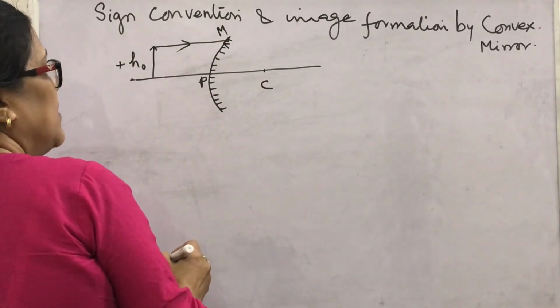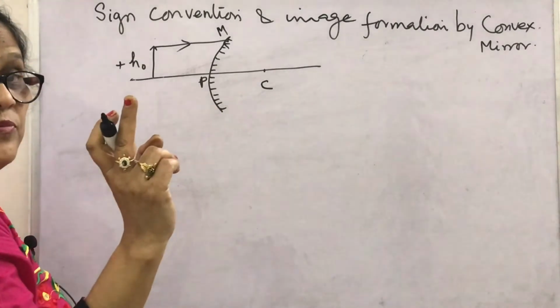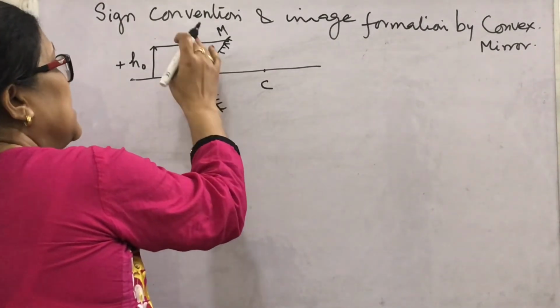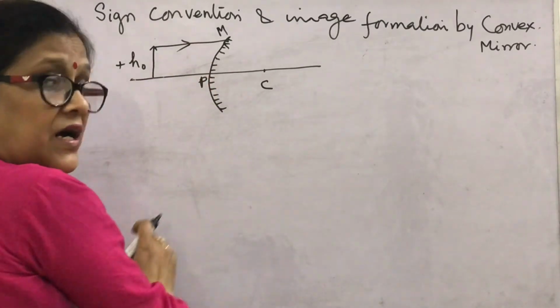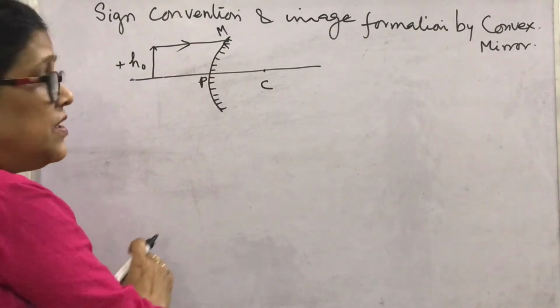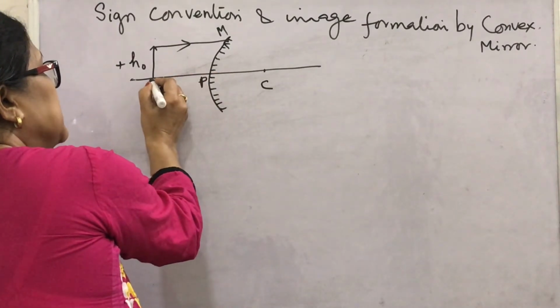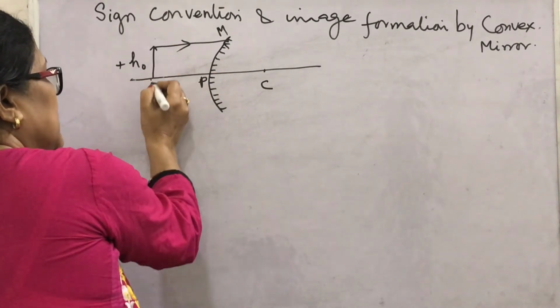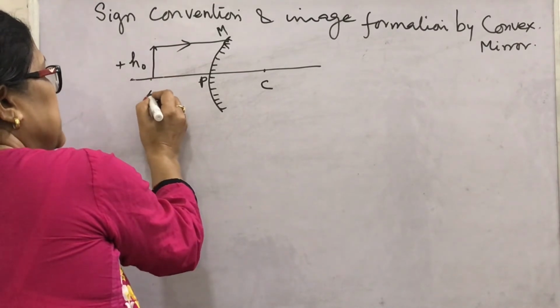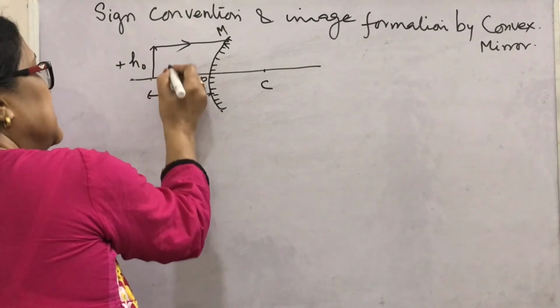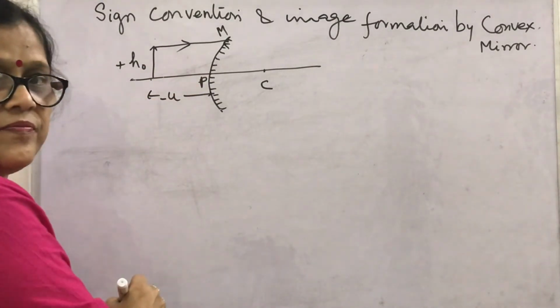All the distances are measured from the pole, and distances measured in the direction of the incident ray are positive. Here, the distance of the object, represented by u, you are measuring from the pole against the incident ray, so it will be negative.